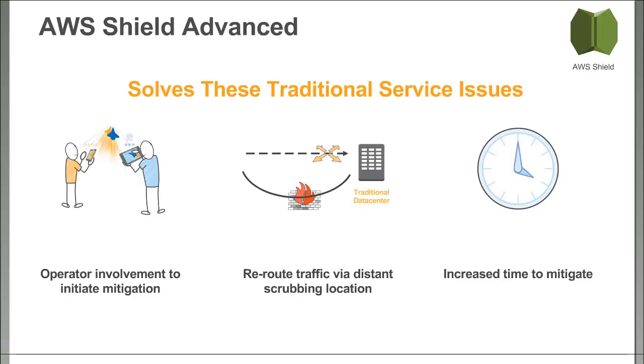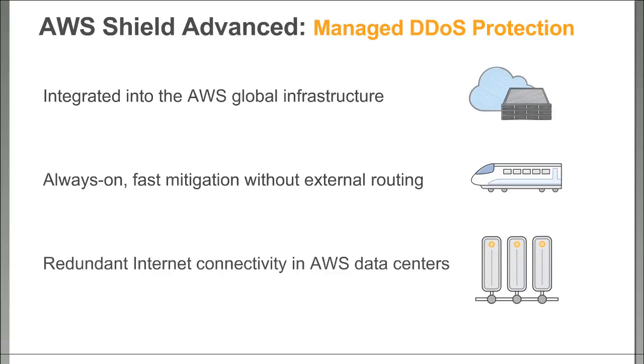Also, most of those operators were rerouting traffic to distant scrubbing locations, which increased the time to mitigate. AWS Shield Advanced solves these by integrating into the AWS global infrastructure at each of the edge locations and at each of our regions, being always on and having fast mitigations without having to route externally to different scrubbing centers.